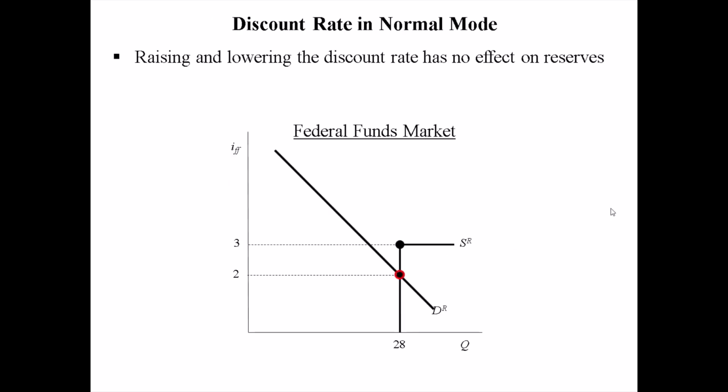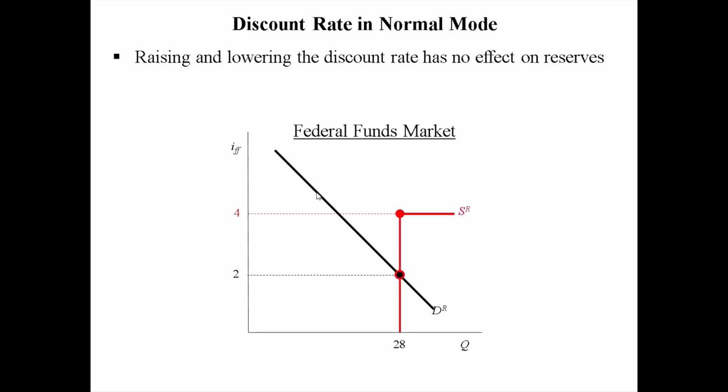Since 2003, the discount rate has been a non-binding price ceiling on reserves. So if the Fed wants to change the discount rate without doing anything else, what simply happens is there's no change in reserves. The binding price ceiling is just raised.